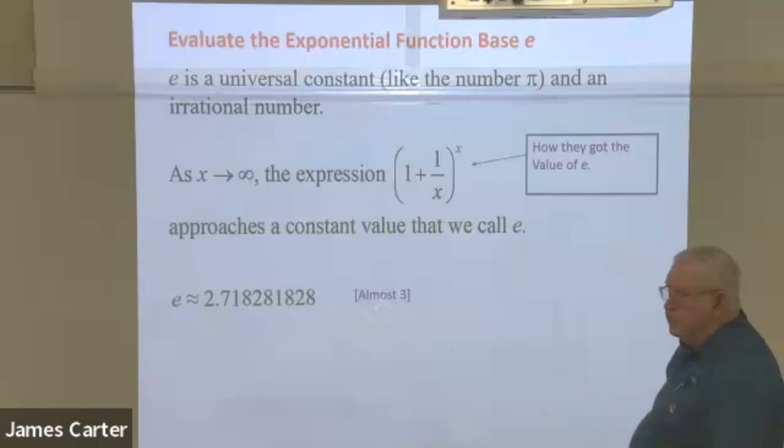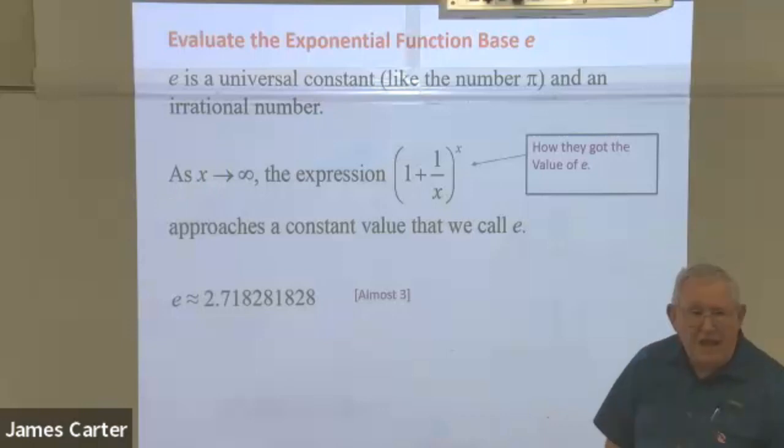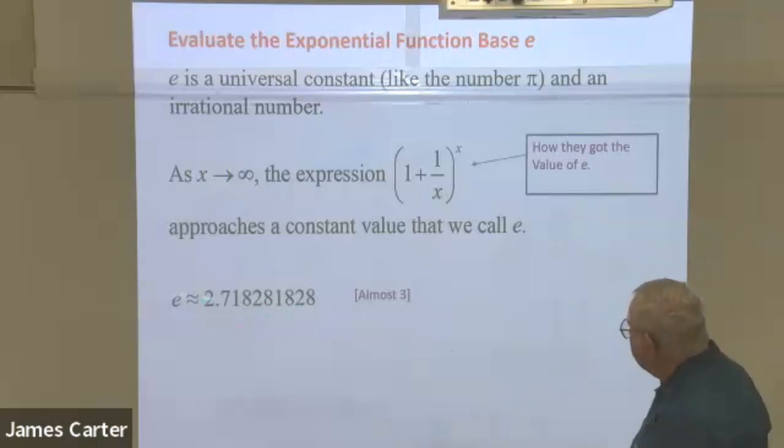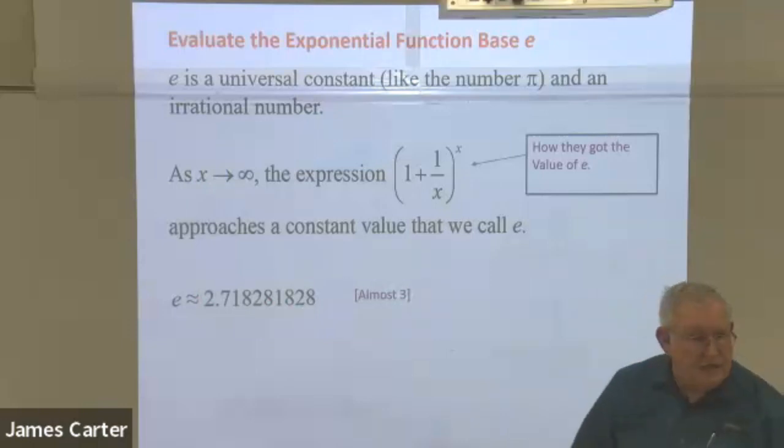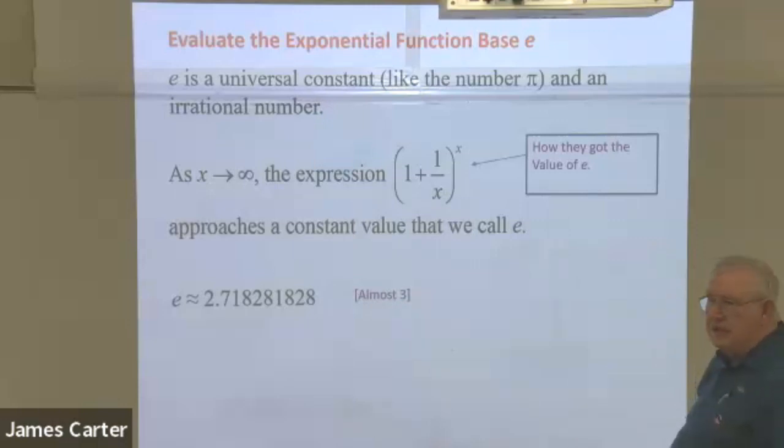In other words, it's almost 3. So if I had a graph of e to the x, it's going to be very similar to the 3 to the x graph, just a little less steep, but not much.